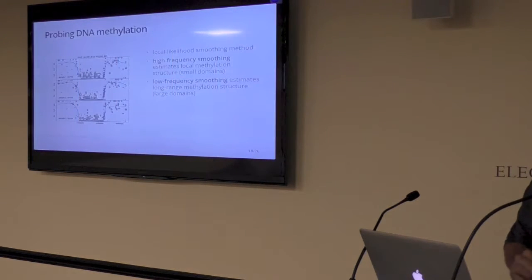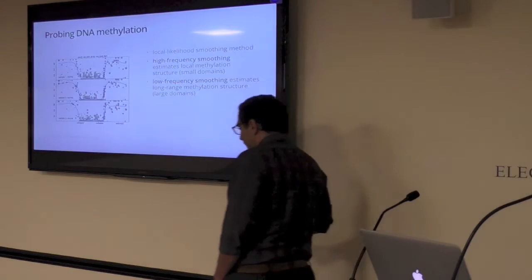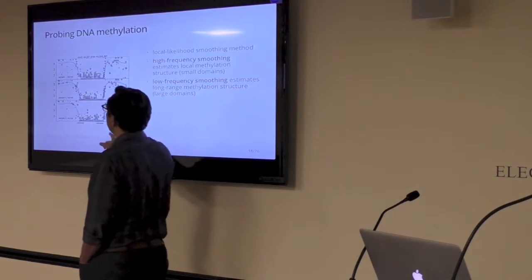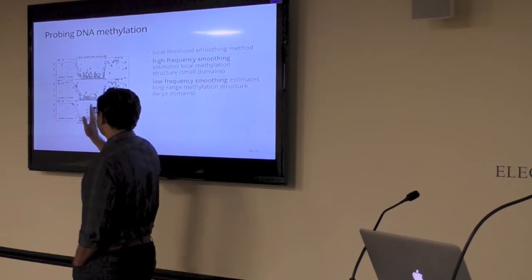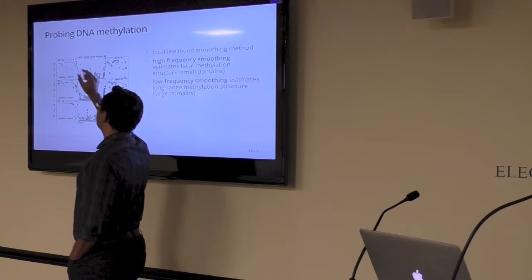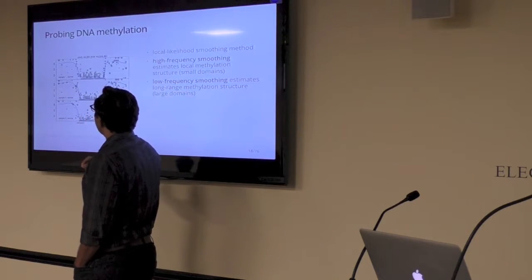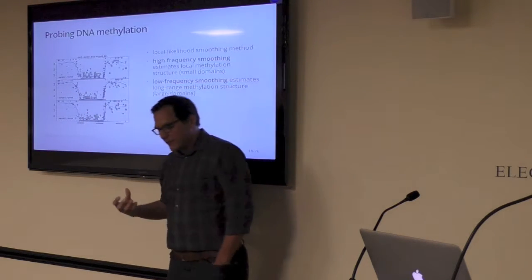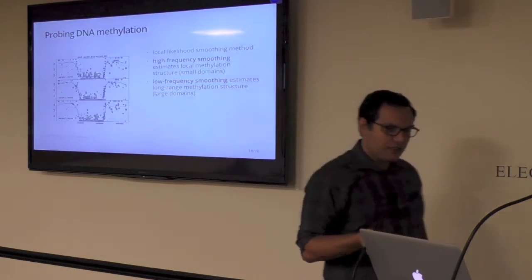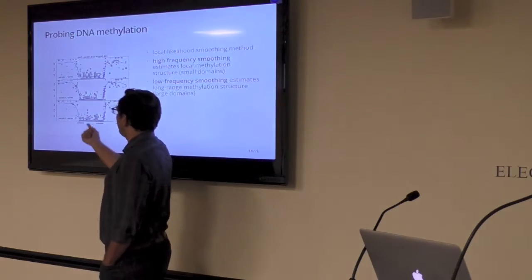What can we do with that? So the first thing we may want to do is try to have a good estimate of those percentages along the genome. At a given position in the genome, what is the percentage of methylation at a given position? Right, so methylation as a chemical modification has certain properties that there is correlation, spatial correlation as you go along the genome.